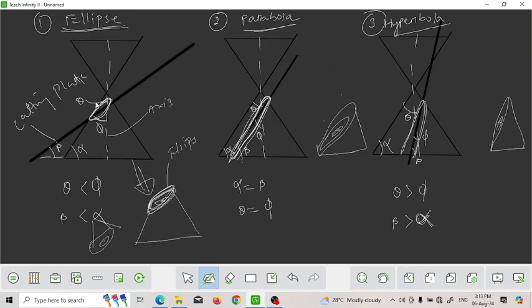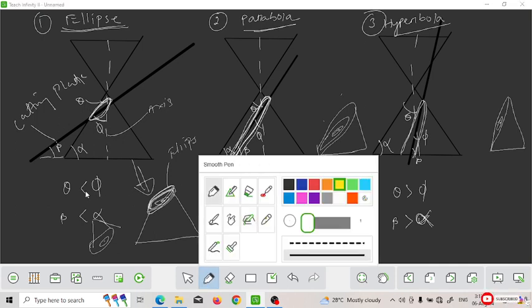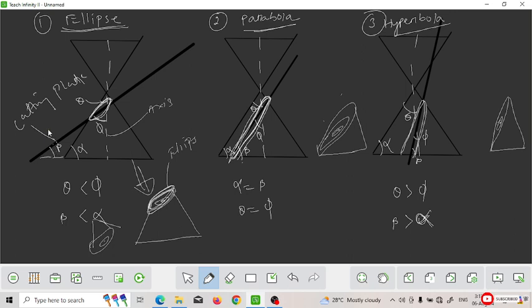Okay, this cutting plane passing through this apex point, we get the curvature point.